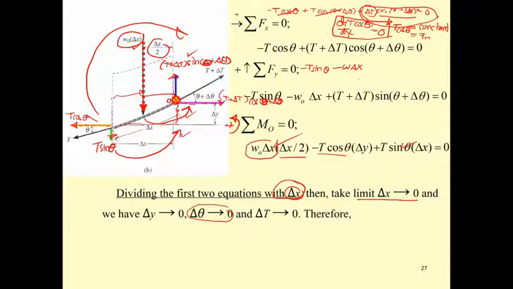Okay, and then we have plus T sine theta plus delta theta, and you have plus delta T sine theta plus delta theta, and then equal to 0. Since it's very small, you may cut this. Okay, and you may see that a very small vertical force is going to be a very small change in the vertical component of the cable.